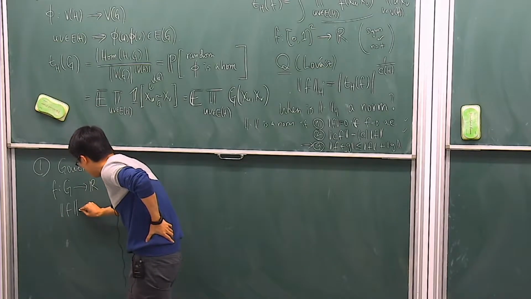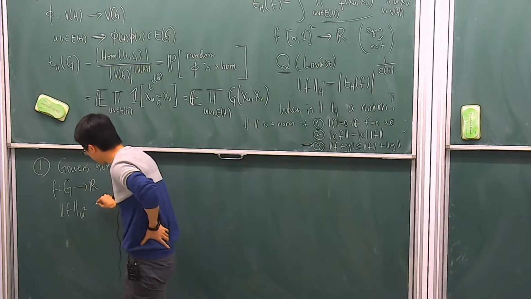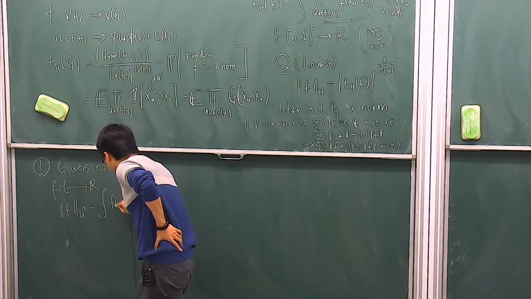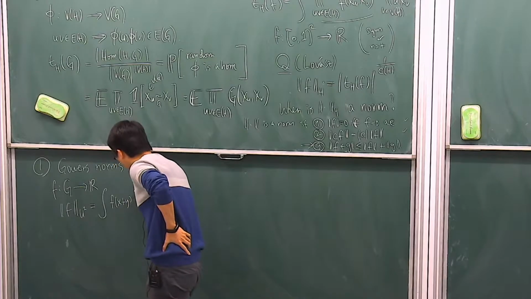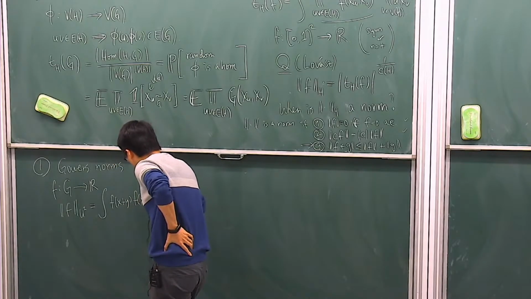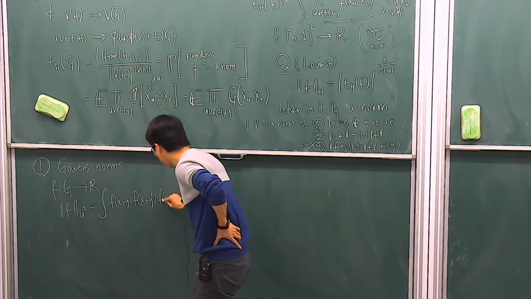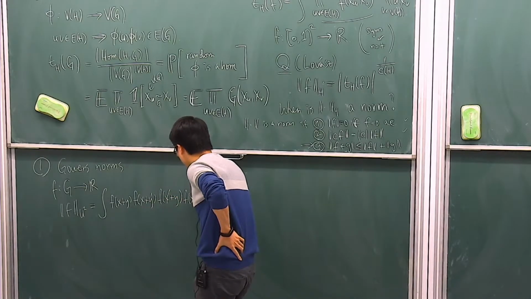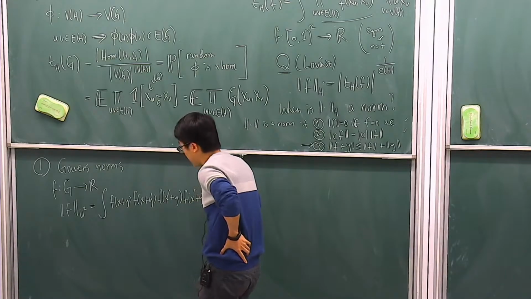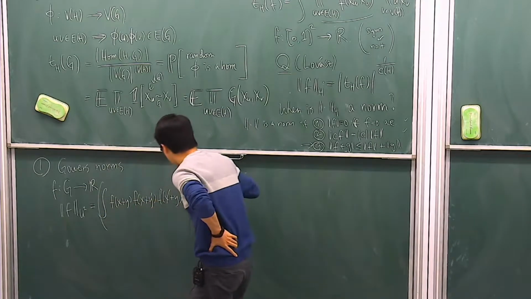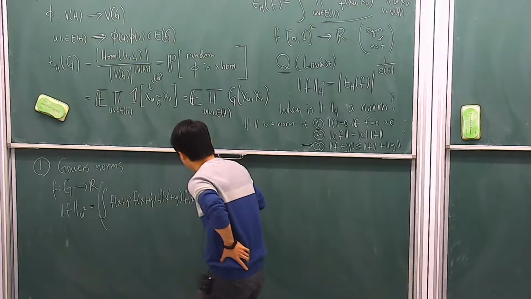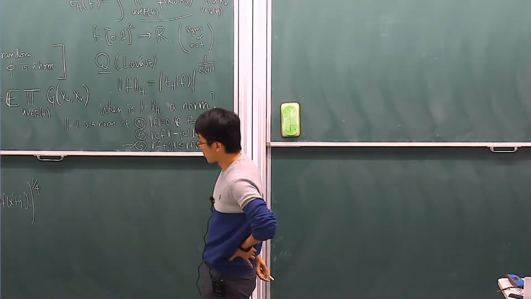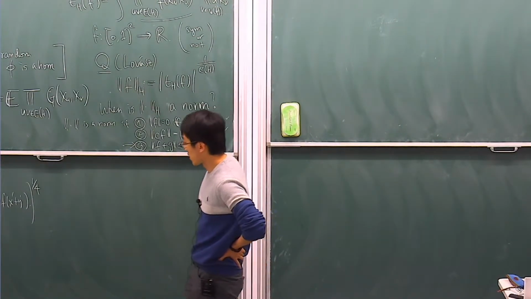The Gowers U2 norm is defined by the expectation of f(x+y) f(x+y') f(x'+y) f(x'+y'), and you take the fourth root of the quantity.